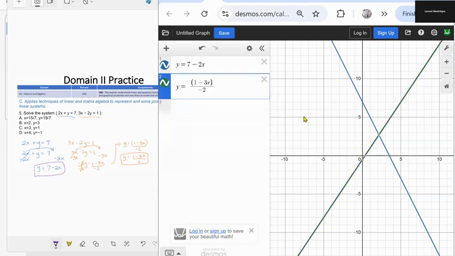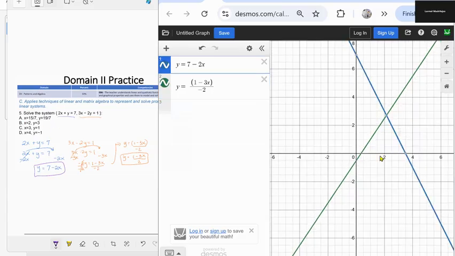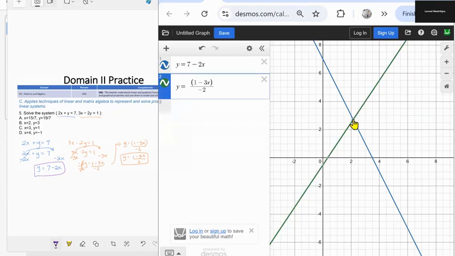Now, the question is, what are the values? Earlier, we solved it using algebra. Our answer was 15 over 7 for x and 19 over 7 for y. So what does it mean? It means that's their intersection. You see that? Let's look at this number here.